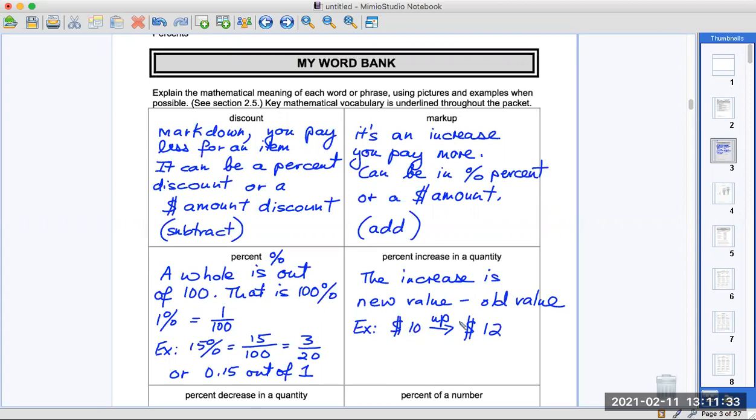So something costs $10, now it goes up to $12. You take the 12 and subtract the 10 and you get a $2 increase. And to find the percent, 2 is 20%, and I'll show you later how to find that, of $10. So your percent of increase is 20%.